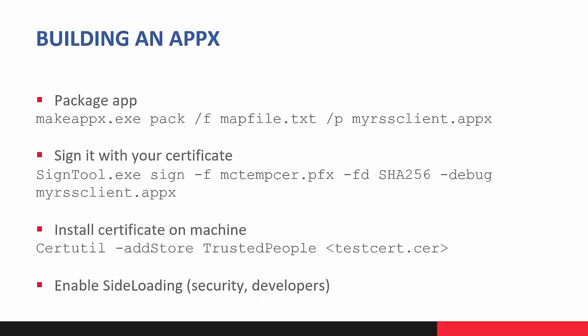There are different ways of building an APPX. One is using installers and other high-level tools. Another is the manual approach, which goes through calling MakeAppx and then doing the code signing.